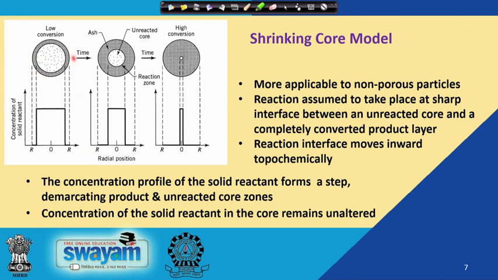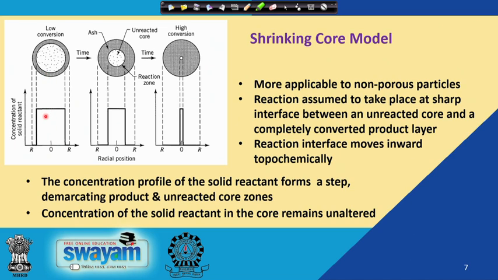It starts at the surface of the particle, and then gradually the product layer thickness increases. The reaction takes place at the sharp interface between the product layer and the unreacted core, which is shrinking.